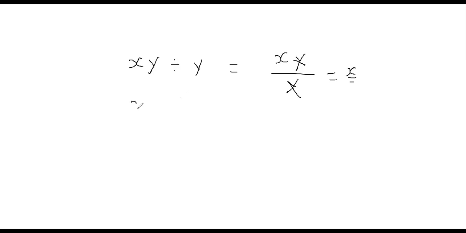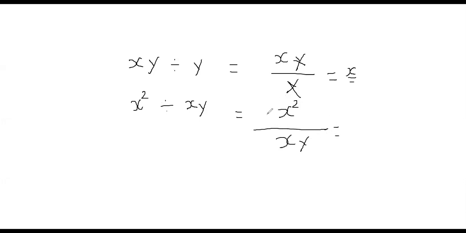So let's go ahead. We have x squared dividing xy. How many x's do we have? We could represent it like this: x squared upon xy.